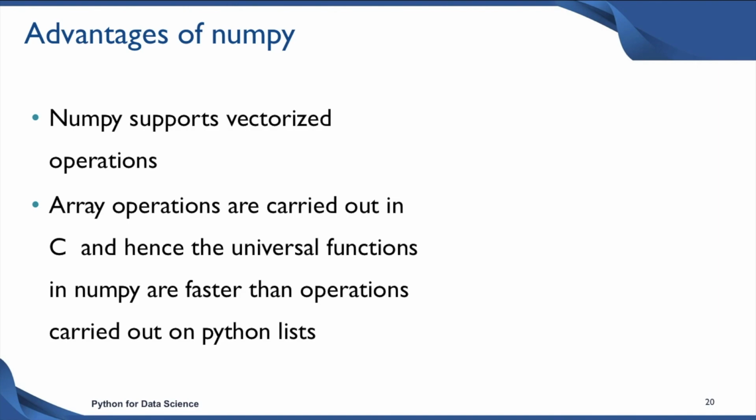The interpreter first needs to check what data type the list is holding, and based on that, what operations can be performed. For example, we cannot perform arithmetic operations on strings. That is why NumPy is faster as compared to a list.